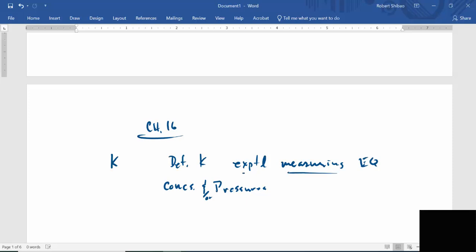Measuring means having to do a lot of work. And so we can calculate K using relationships. And these are Hess's law style relationships, but it doesn't follow Hess's law.